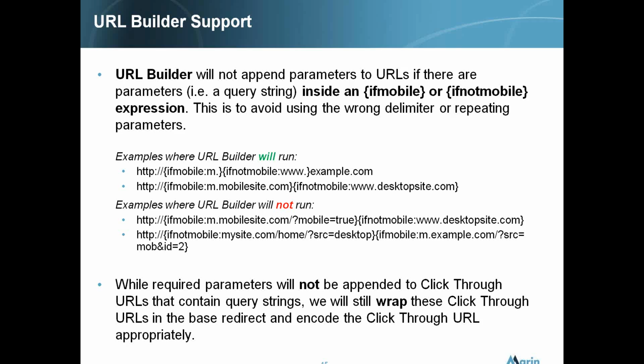If you do have those parameters in there, URL Builder will not append parameters. The reason why we're doing this is the expected behavior is to avoid using any wrong delimiters or repeating parameters because that can affect tracking and even affect users getting to your site.